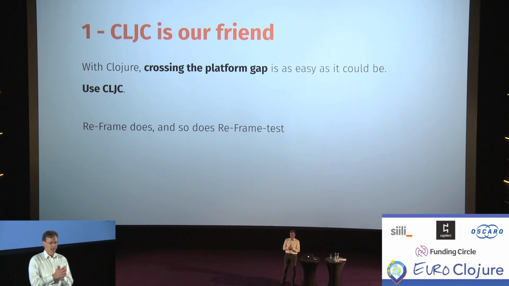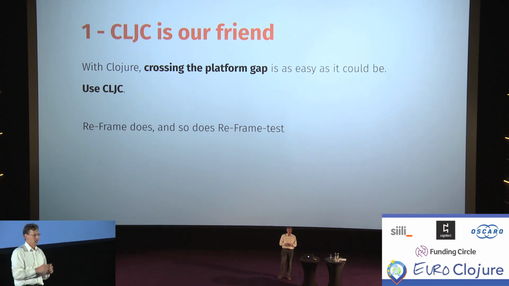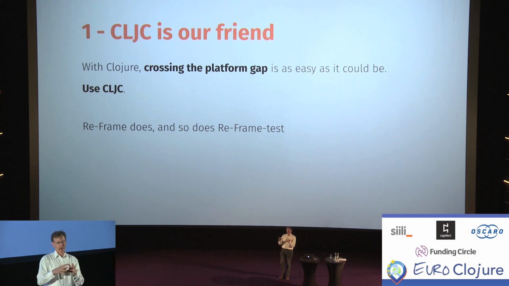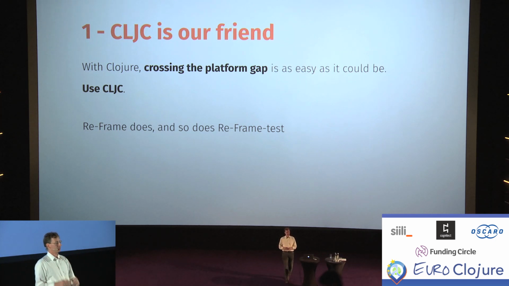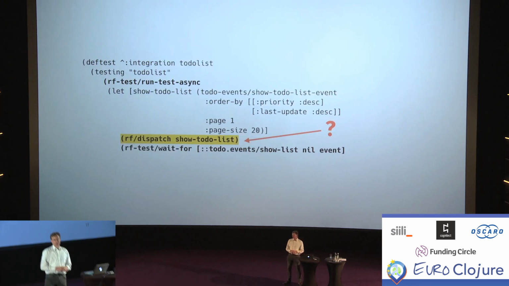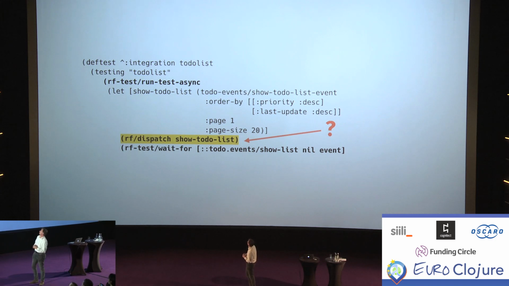So actually, that's the biggest step in this special example to bridge the gap, because you're running on the same system, in the same context. So this is the test case. I'll just run RF test, which is re-frame-test.